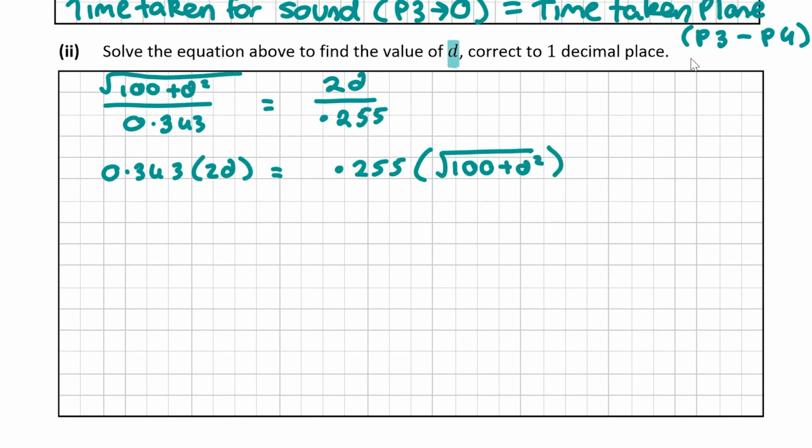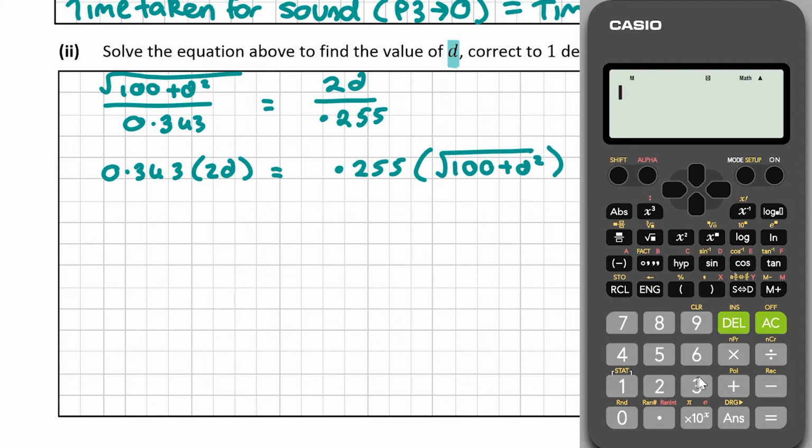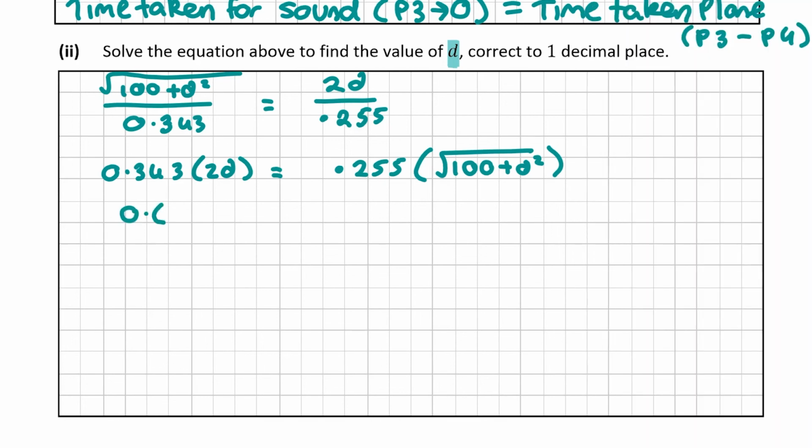Now, we have a square root here. So what I'm going to do is square both sides. But before I do that, I'm going to multiply 0.343 by 2d. So I'm just going to multiply 0.343 by 2. So we are left with 0.686d. And that's equal to 0.255 root 100 plus d squared.